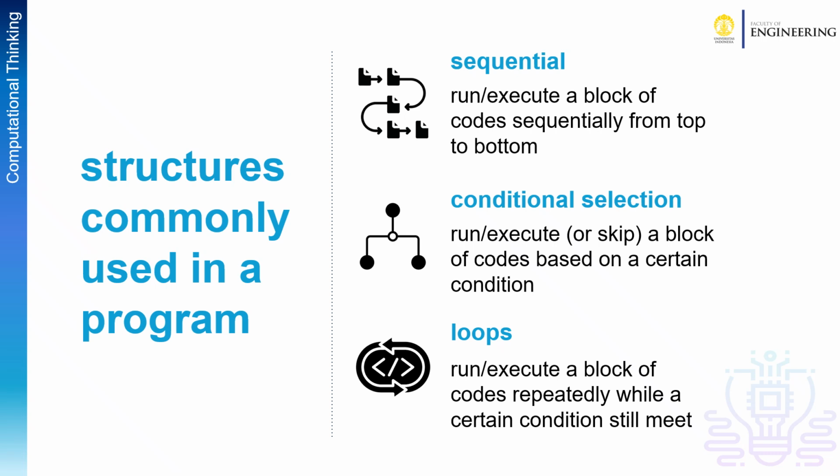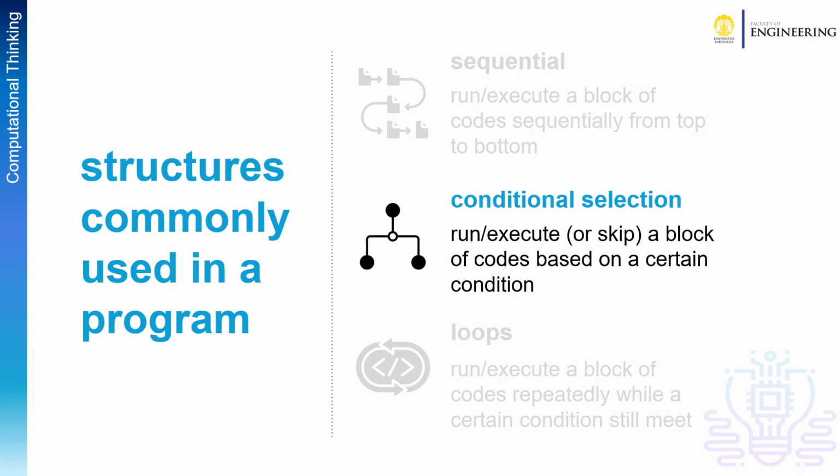Or else we can use loops, where the code will be executed until certain conditions are met. Let's say until the number of iterations has been reached, then the loop of calculations will be stopped. In this lecture, we will focus on conditional selections and see what types of selections are available in Python code.